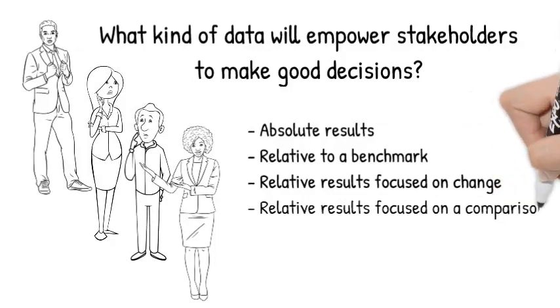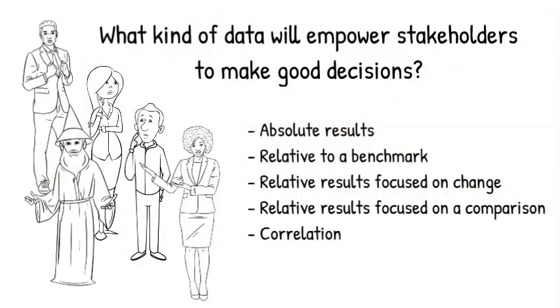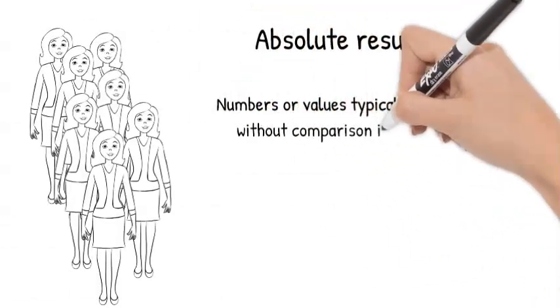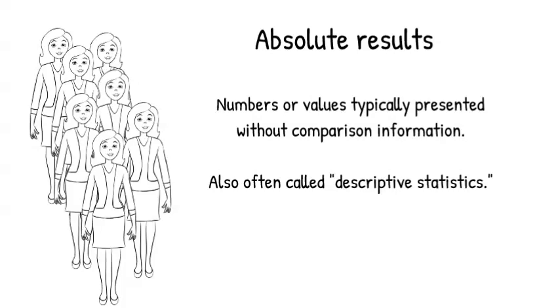We'll talk about absolute results, results relative to a benchmark, relative results focused on change, relative results focused on a comparison, and correlation. Absolute results are numbers or values that are typically presented without much comparison information. We also often call these descriptive statistics.